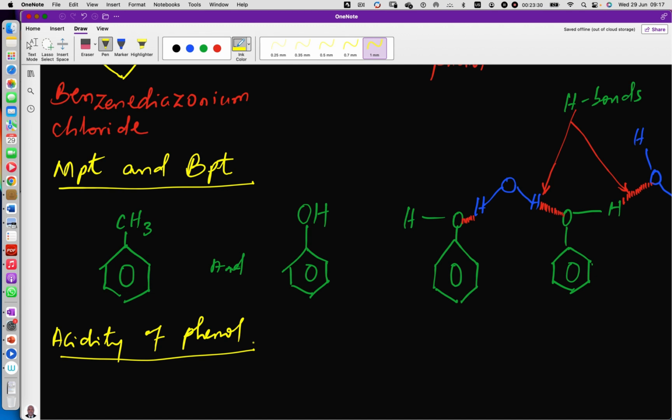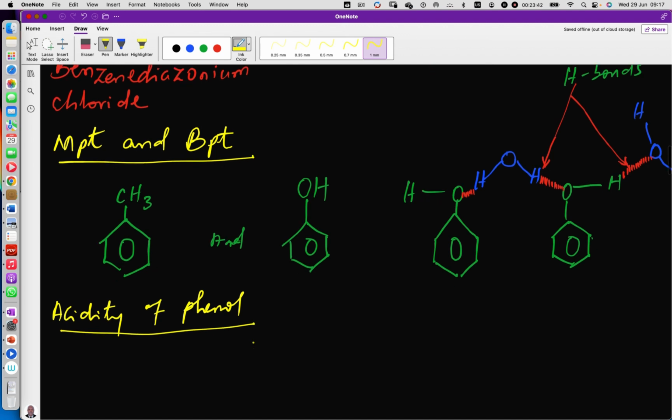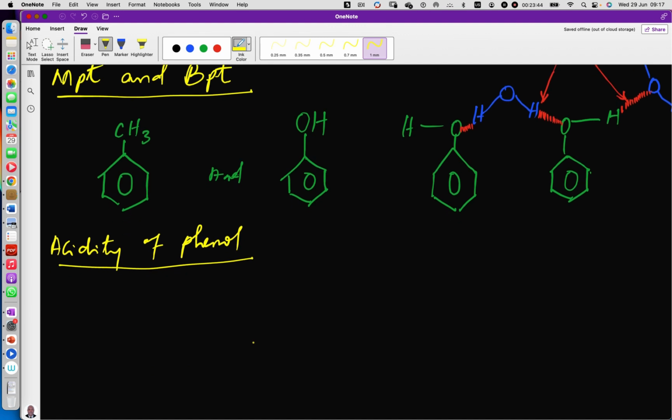Why do I say they are slightly acidic? They are slightly acidic because the OH on the phenol molecule breaks easily to release the hydrogen ion.